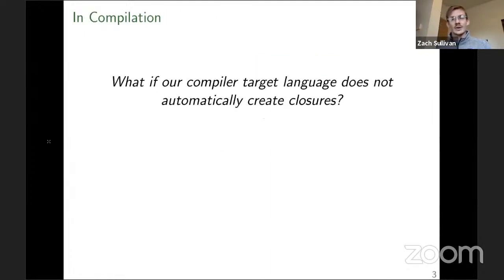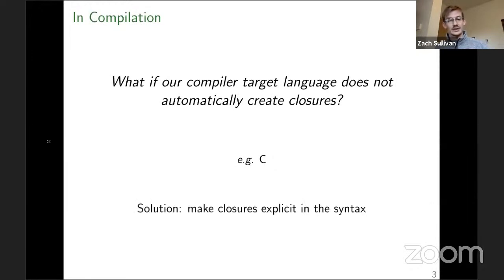In compilation, we have a problem: what if our target language does not automatically create closures? For instance, when compiling to C, we don't have this ability to capture closures. And the solution is to make closures explicit by generating code.